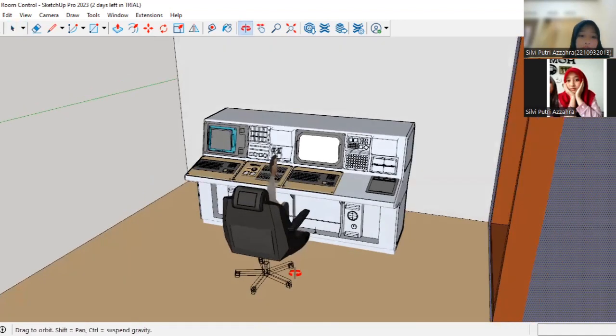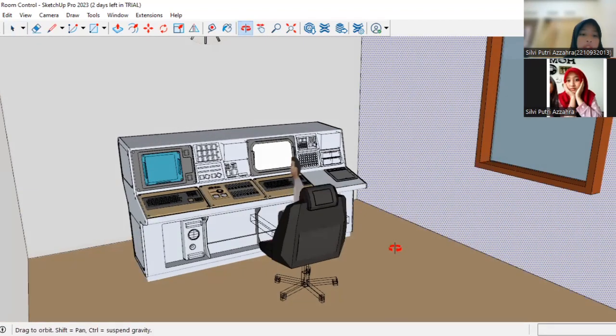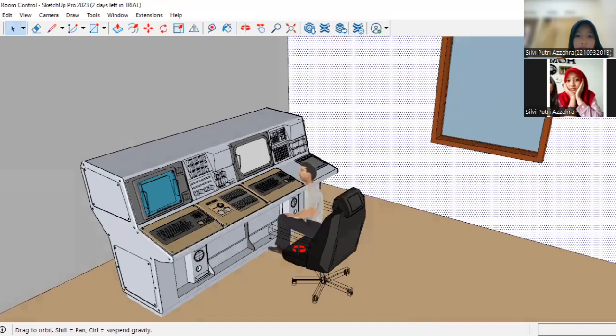And the last part is the width of the backrest. The width of the backrest uses the shoulder width dimension with an allowance of 31 centimeter and a percentile of 95, so that the backrest can be used comfortably by operators with broad shoulders. The original size is 55 and becomes 86 centimeter after adding the allowance.